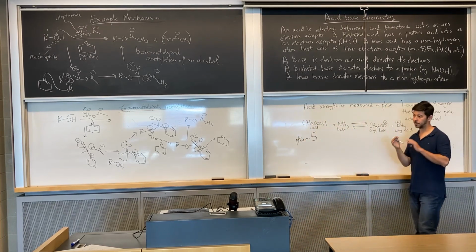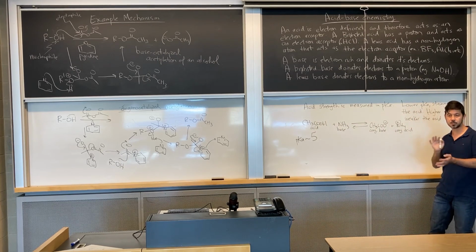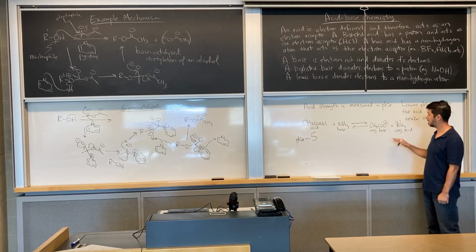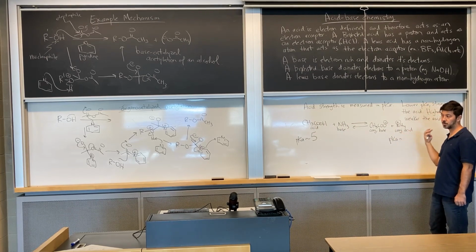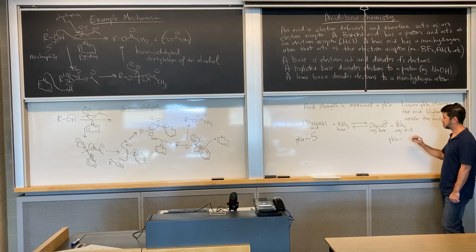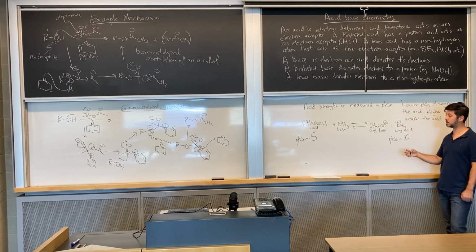Okay, maybe around 4 to 5, so sort of mid to low single digits. The pKa of an ammonium like this, a nitrogen with 4 bonds, is around 9 to 10. Okay, so which is the weaker acid? The ammonium is the weaker acid.